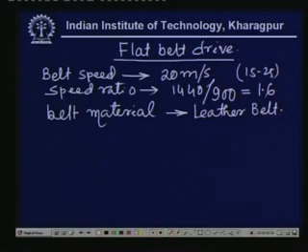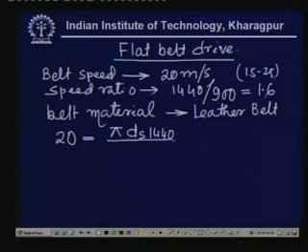If we consider the belt speed to be 20 meters per second, as in the steps we have discussed, then 20 meters per second equals pi ds times 1440 by 60. That gives a value of ds.